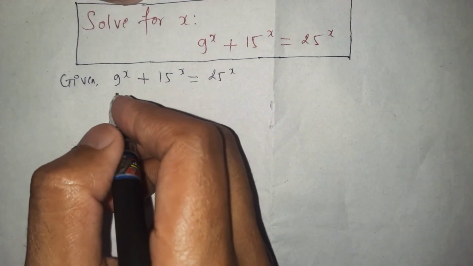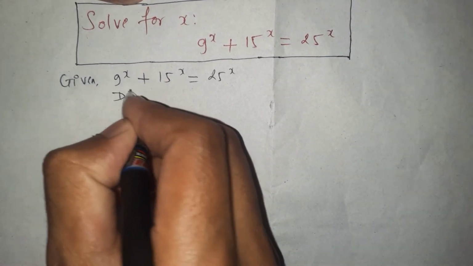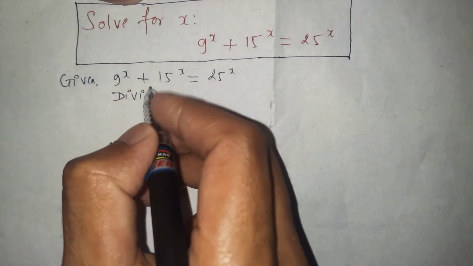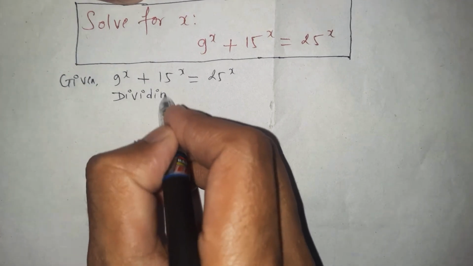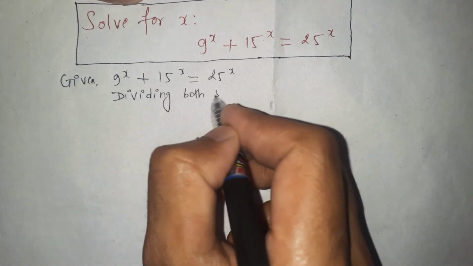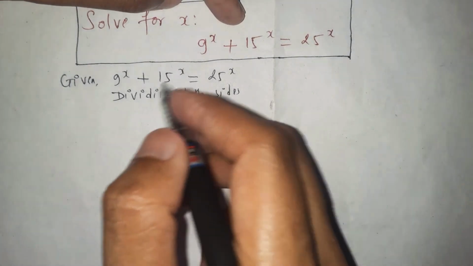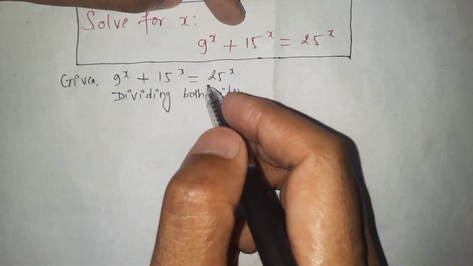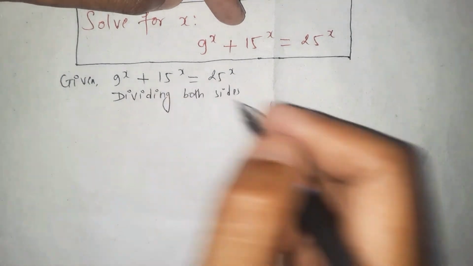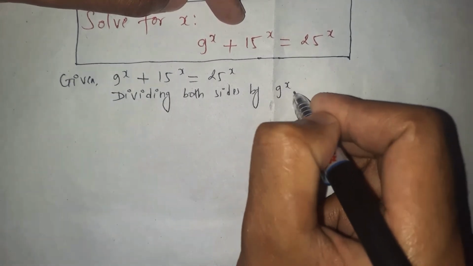Let's divide this equation by 9 raised to the power x. We have to divide both sides by a non-negative number. Here I have taken the divisor as 9 raised to the power x. Dividing both sides by 9 raised to the power x.